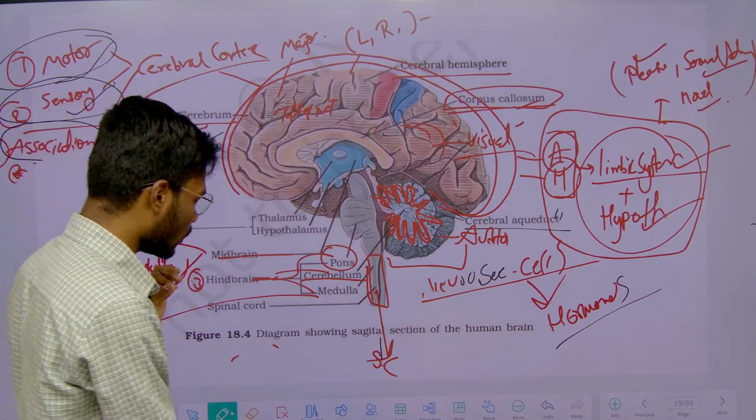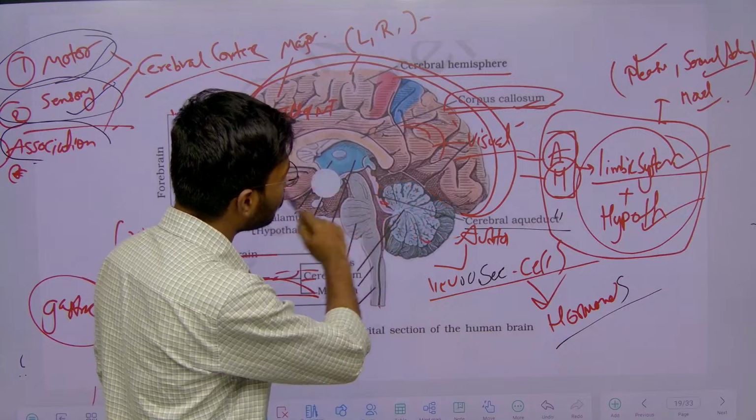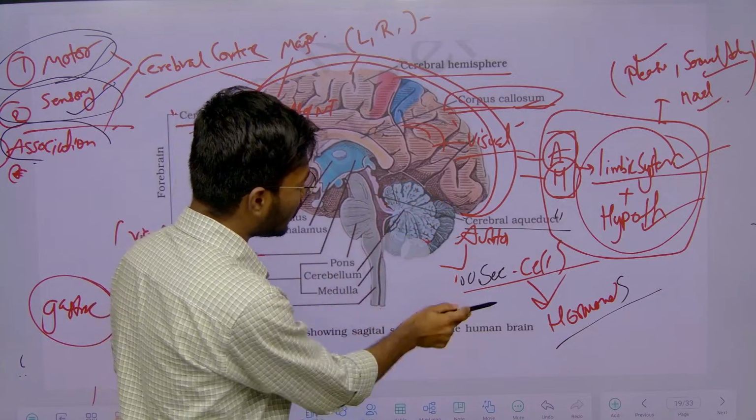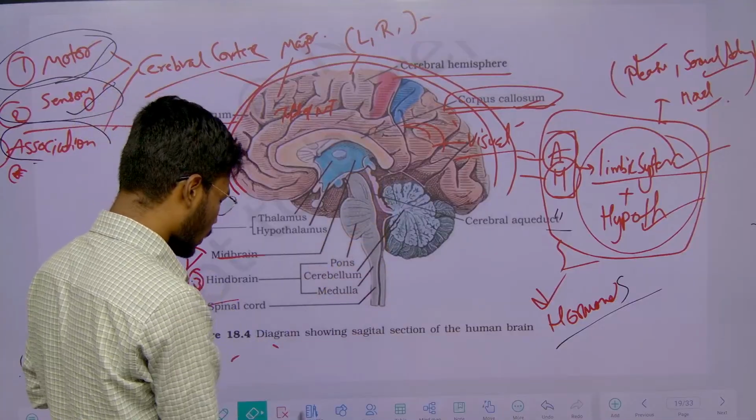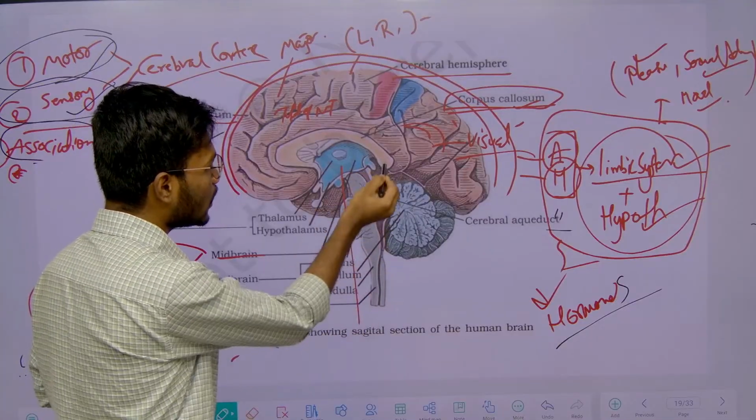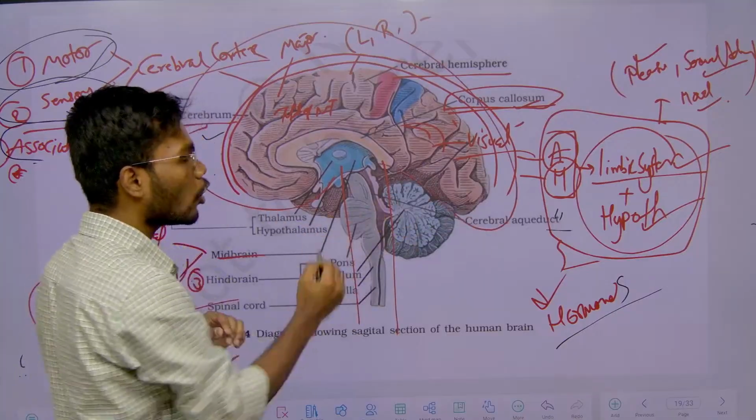Next, if you take this diagram as a tree, this will be the stem and this will be the canopy of the tree.